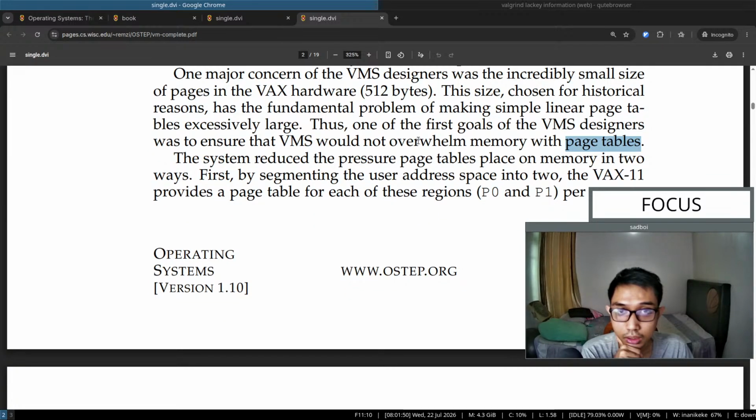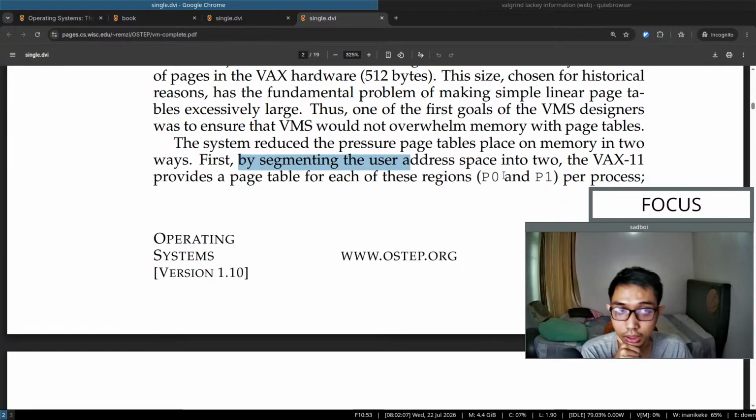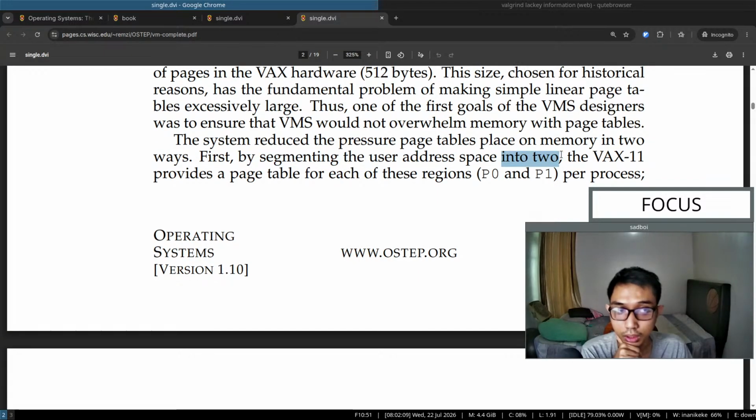To ensure that VMS would not overwhelm memory with page tables, the system reduces the pressure page tables place on memory in two ways. First, by segmenting the user address space into two, the VAX-11 provides a page table for each of these regions, P0 and P1, per process.